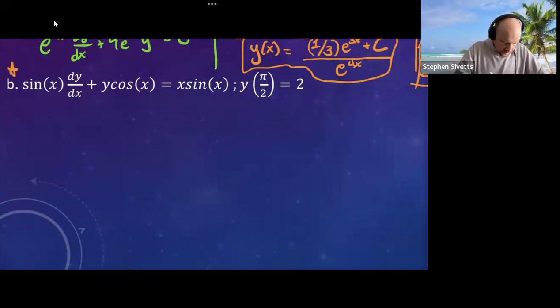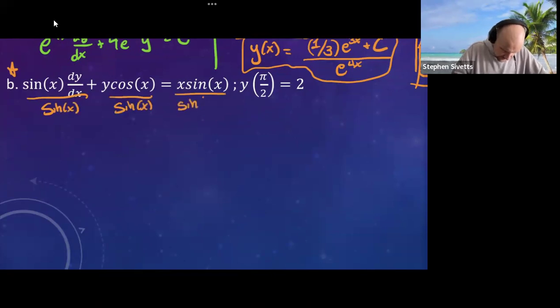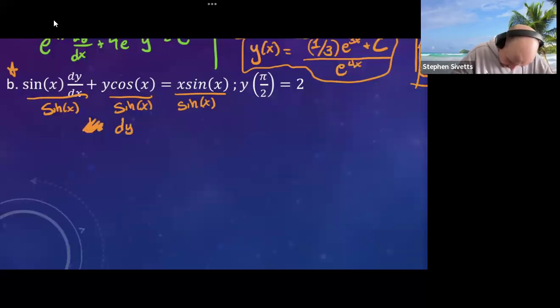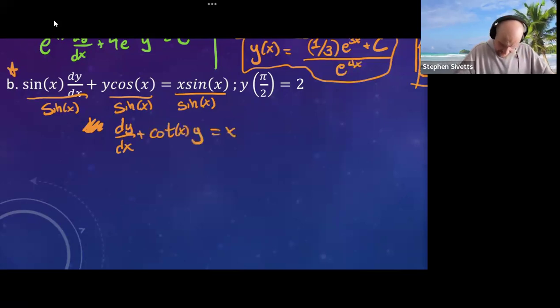So if we divide both sides by sine of x, we'll have the linear differential equation in standard form, right? So we'll have dy dx plus cotangent of x times y equals x. Okay. So we have it in standard form.